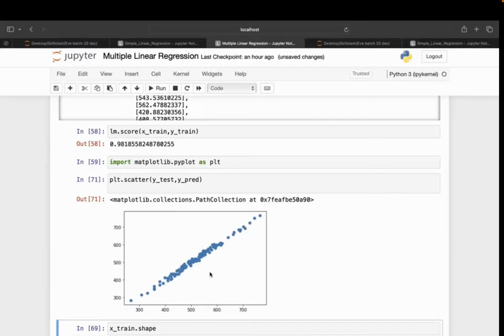Every column must be having some different slope. So how is it going to plot that? That is the reason. We can see the scatter plot, but we cannot see the best fit line here. Okay?